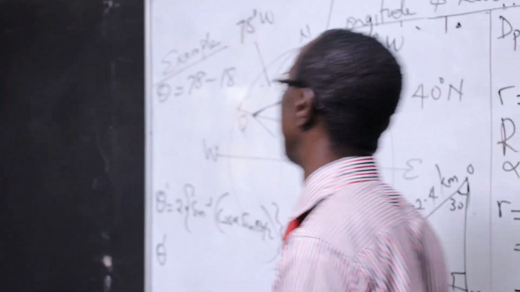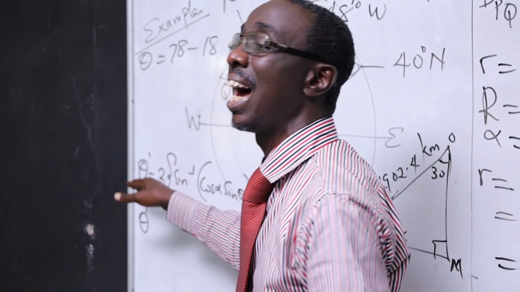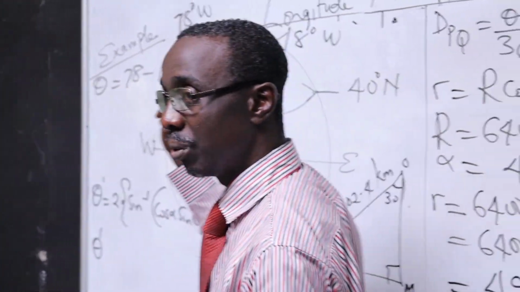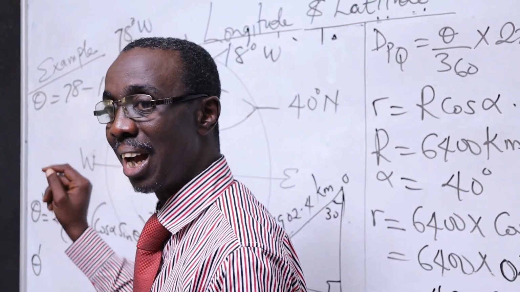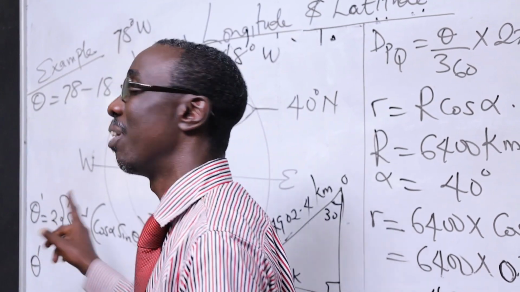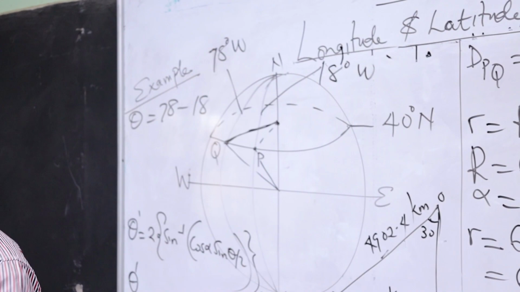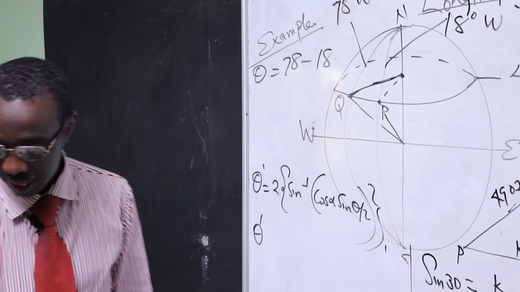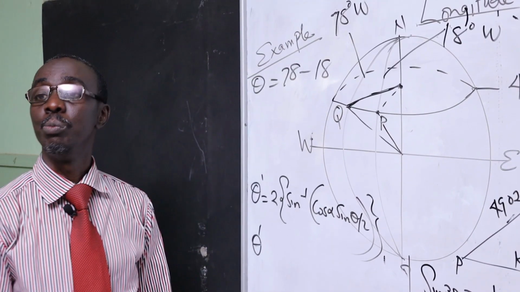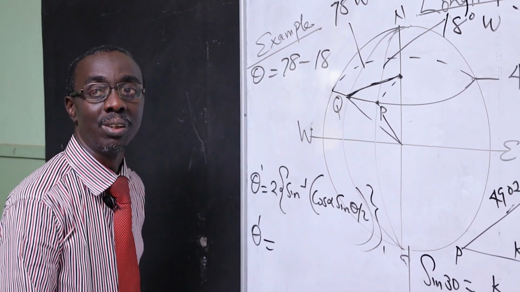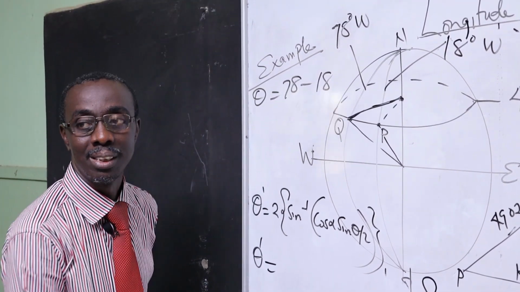I called your attention that you must calculate that angle separately first. If it is a small circle, the first thing you must do is calculate the angular difference using this formula, then you can use the formula theta over 360 times 2 pi capital R. Am I still communicating? Yes, sir.